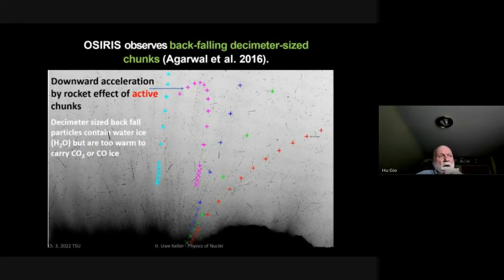Dust is not only fine dust, as is generally observed in the tails, but we also saw that there are bigger chunks. The camera could observe particles in the order of decimeters, from active areas, and follow the trajectories here. You can see that some of the trajectories are turned down again towards the nucleus.